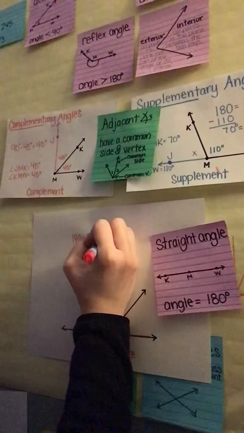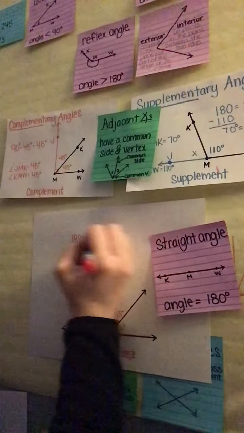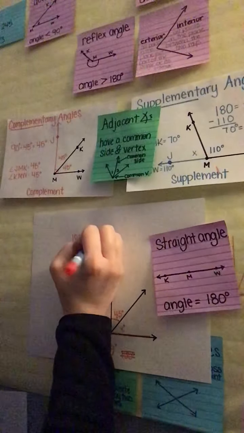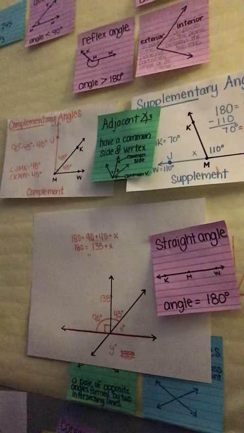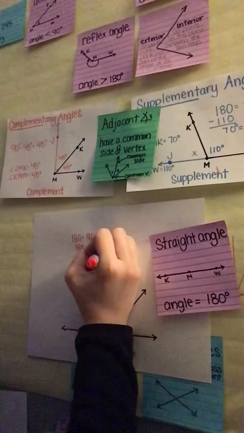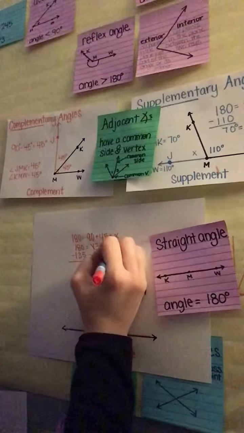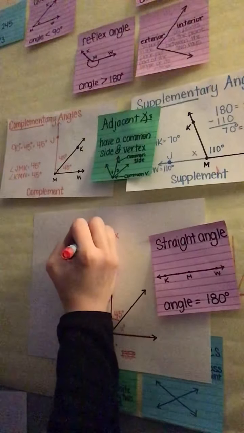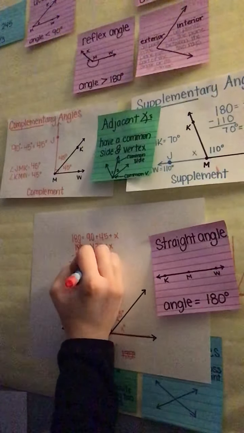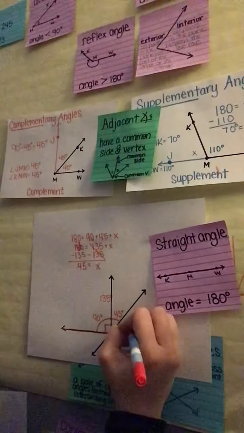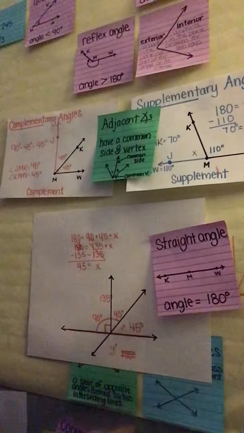Okay, so then I got 135 plus x equals 180. Now I'm going to isolate my unknown. Minus 135. If I do it to one side, I do it to the other. Minus 135. X is equal to 10 minus 5, 45 degrees. X is equal to 45 degrees.